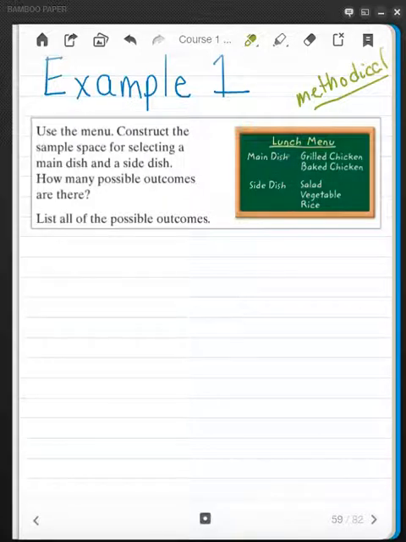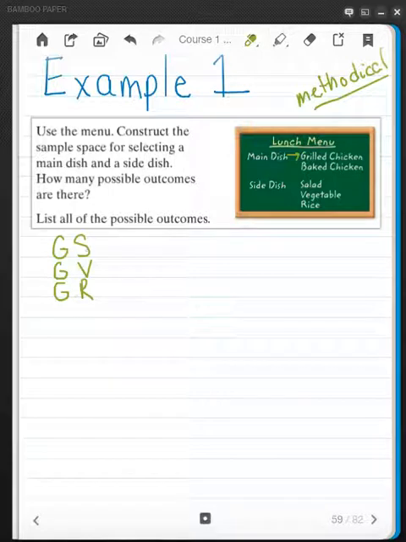So for example, I'm going to start here with my main dish of grilled chicken. So I'm going to use G for grilled, or B for baked to stand for the chicken, and then S, V, and R to stand for the salad, vegetables, and rice. It is definitely okay to abbreviate, especially when you're going to be writing a bunch. So if I have grilled chicken, I can have either a salad, or I can have grilled chicken with a vegetable, or I can have grilled chicken with rice.